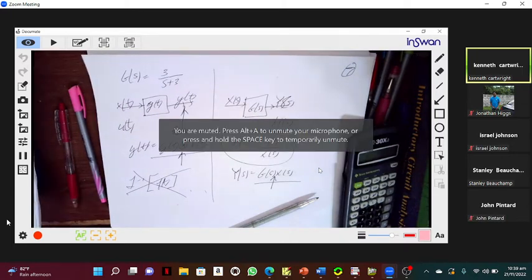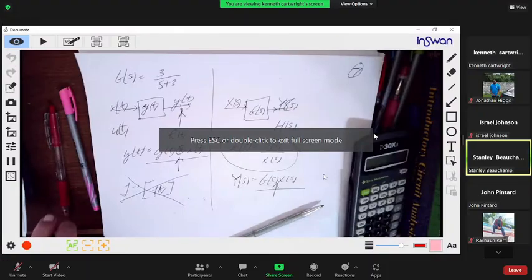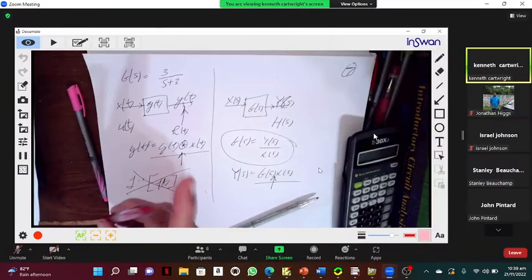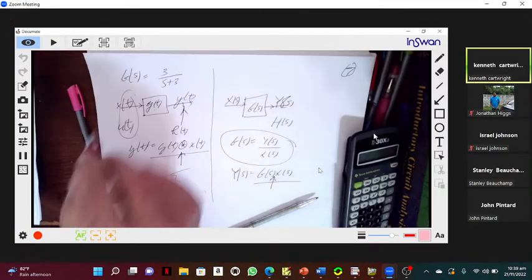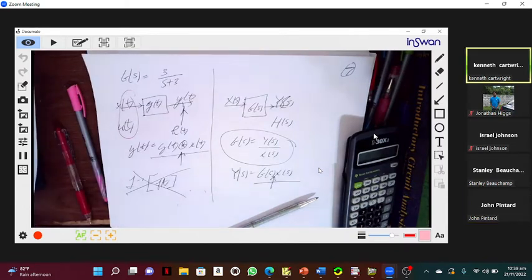The input is a step. See it right here, right on the page. And yet I hear garbage like the bottom one.